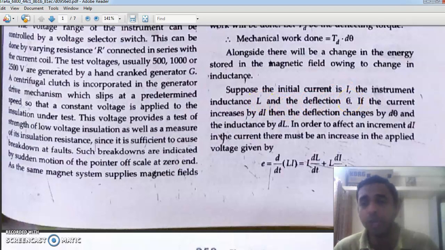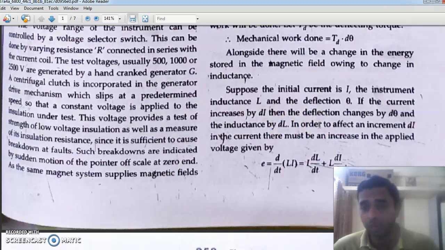We are actually doing it in the most general way. If there is an increase in current by di, that is, from I there is an increase in current by di, then there is a deflection from theta by d theta, then there is a change in inductance from L to L plus dL.